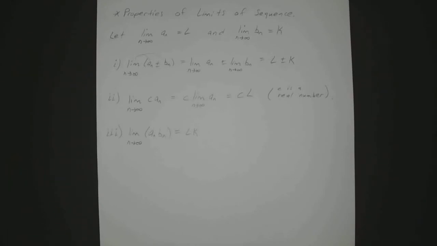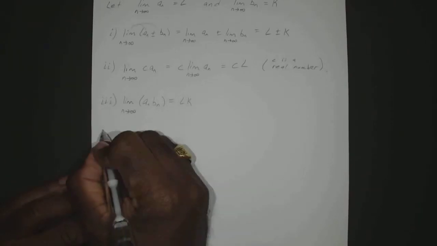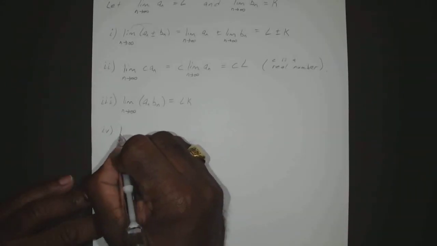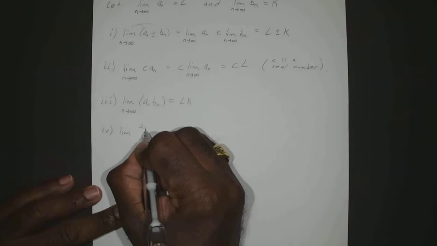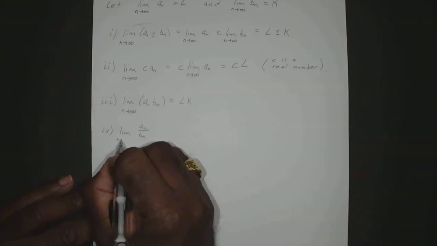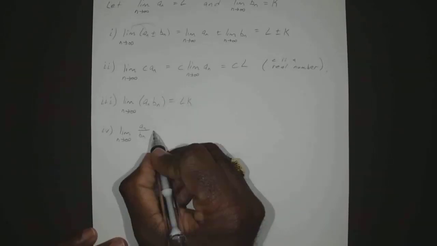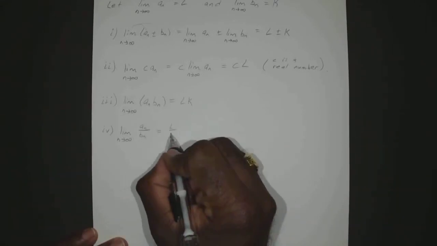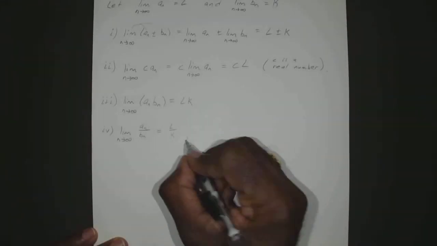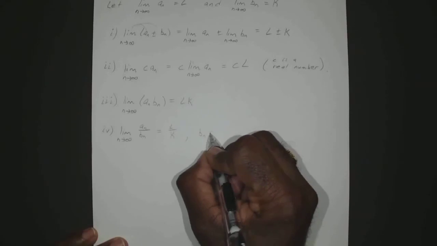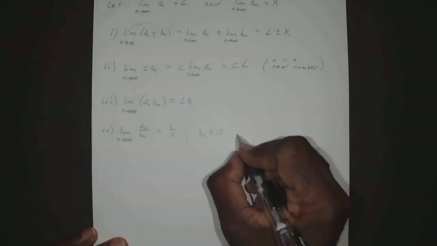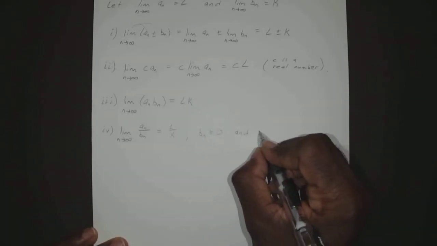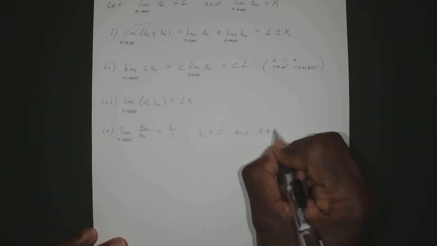The same thing if you had the quotient of 2 sequences as n approaches infinity, it's just going to equal the limit of a over the limit of b. And of course, that's assuming that your sequence doesn't equal 0 and the limit of that sequence doesn't equal 0.